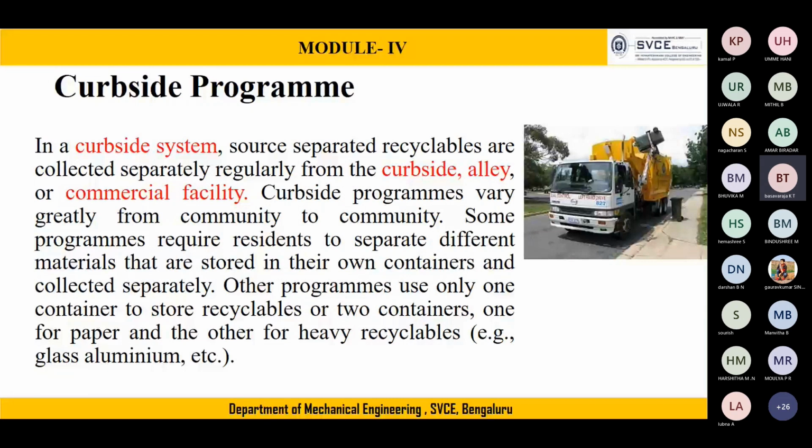At the point of generation itself, we are going to separate different types of wastes. We put different types of waste in different bins, which are in place for such specific wastes only. So that's why this curbside program is highly successful.